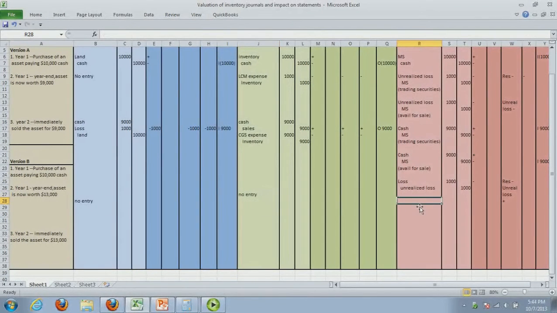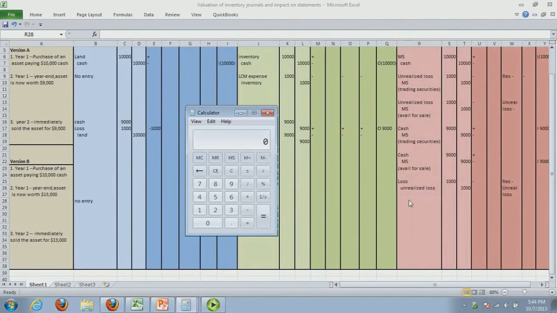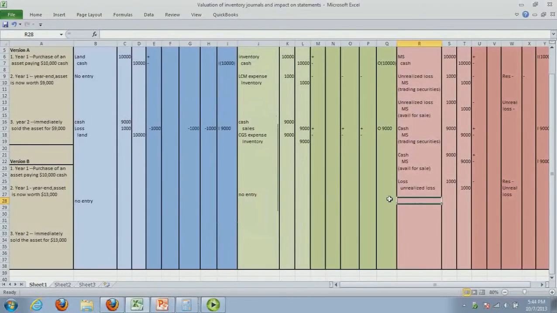But with your securities, you actually do need to make a journal entry for an increase. So we can see the increase is the difference between $13,000 and $10,000. So $3,000 increase. So if you're trading securities, we're going to have marketable securities increase and unrealized gain this time.